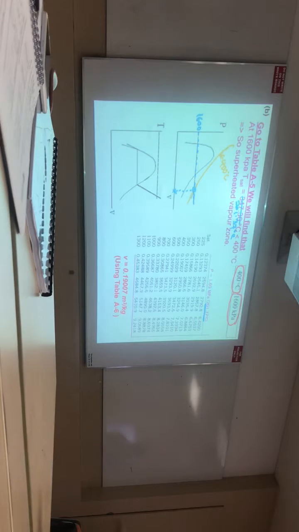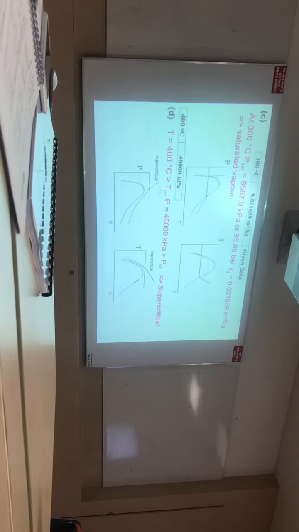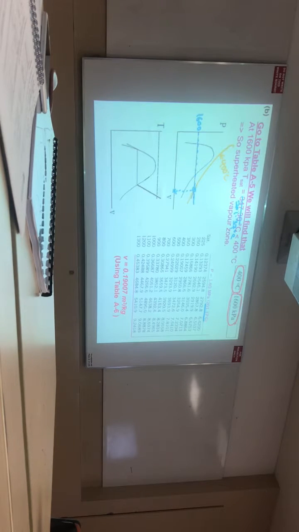Then if you draw one line, that means this is the pressure, temperature, and this is the specific volume. So if you draw a TV diagram, this one indicates the constant pressure line.